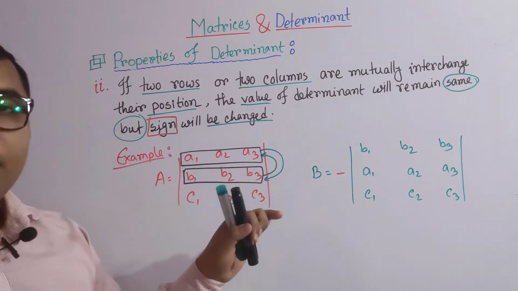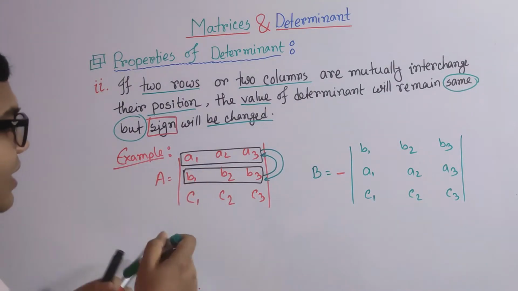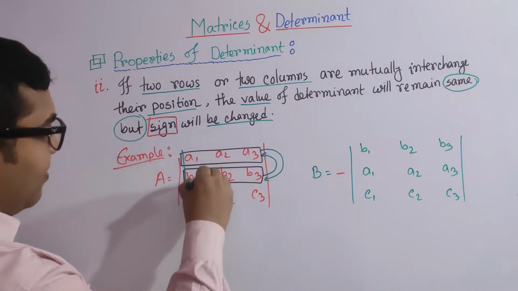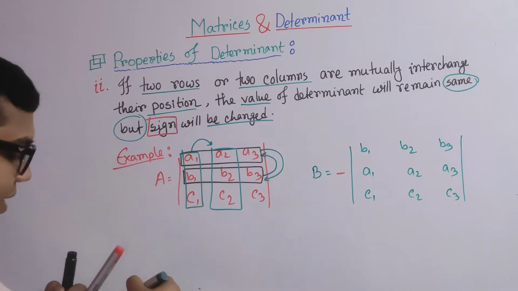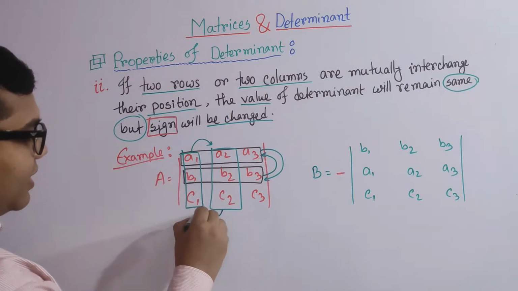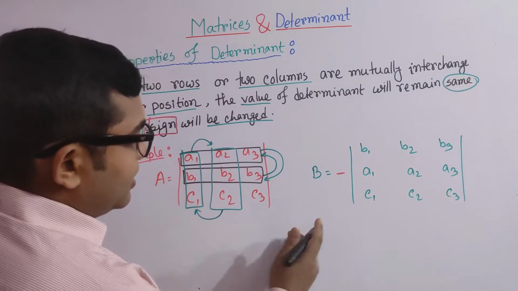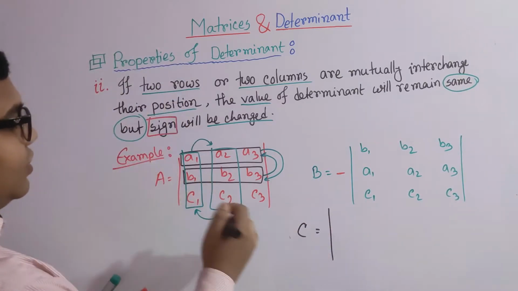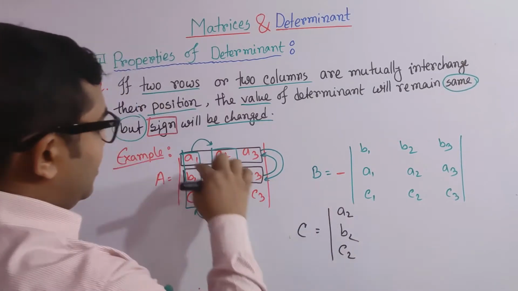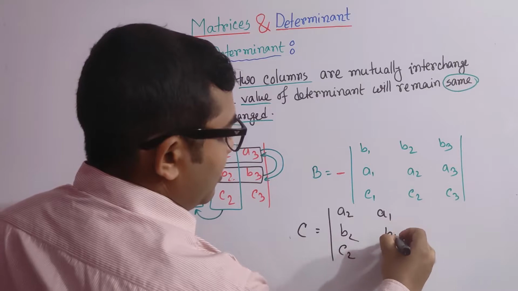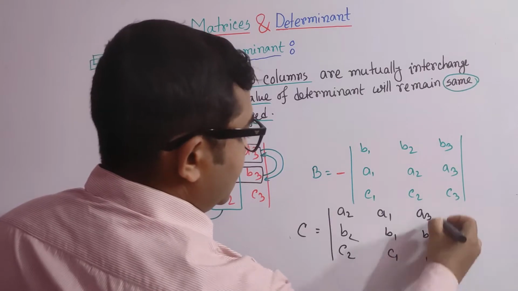Similarly, if we are talking about two columns, say for example our matrix was this, but two columns are interchanged, this column with, say, this column, then we get a matrix that looks like A2, B2, C2, A1, B1, C1, A3, B3, C3.